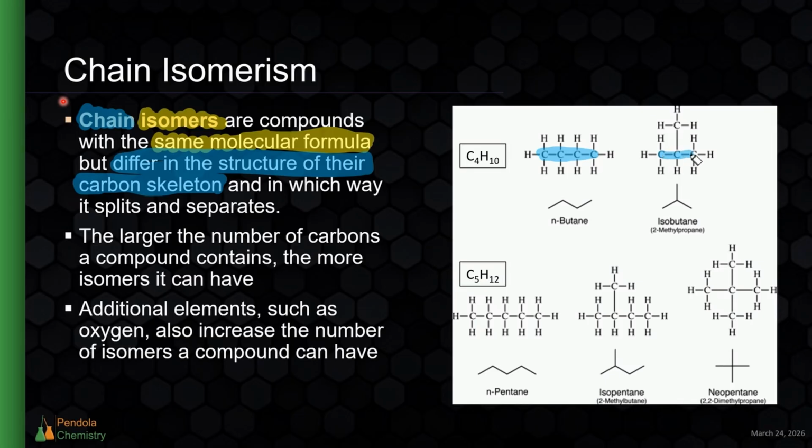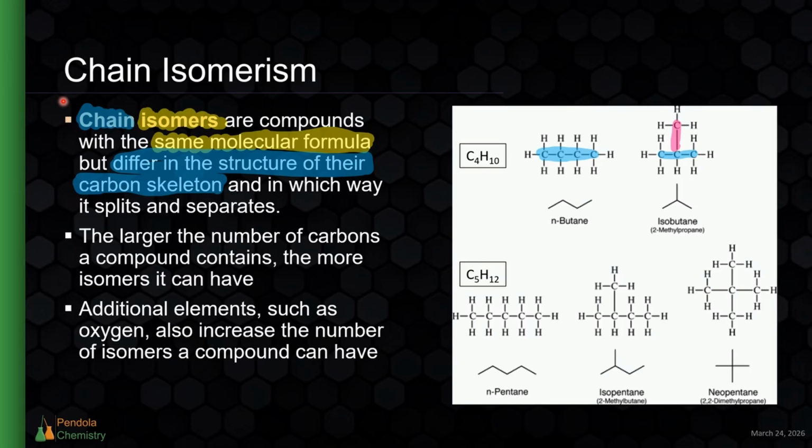Whereas in 2-methylpropane, we have a carbon chain of 3 with a side chain that comes out of it. So it's different from butane in its structural formula, which is why they're structural isomers. And the chain of carbons is what differs, which specifically makes them a chain isomer.